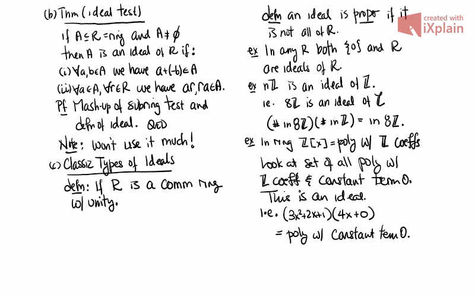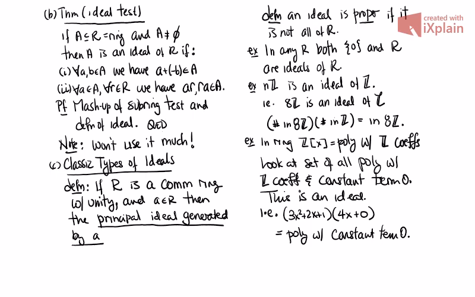So if R is a commutative ring with unity and a is in R, then what we have is what's called the principal ideal generated by a. This is a really long definition. The notation is familiar, but it's not what you think.